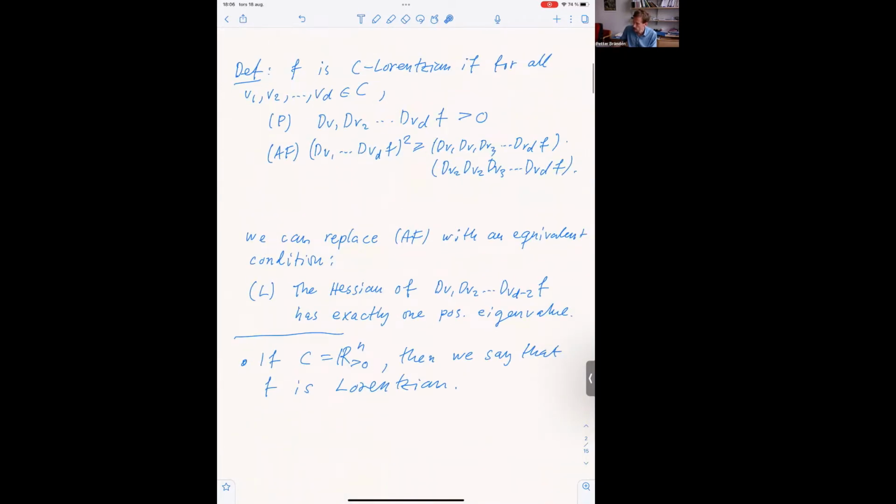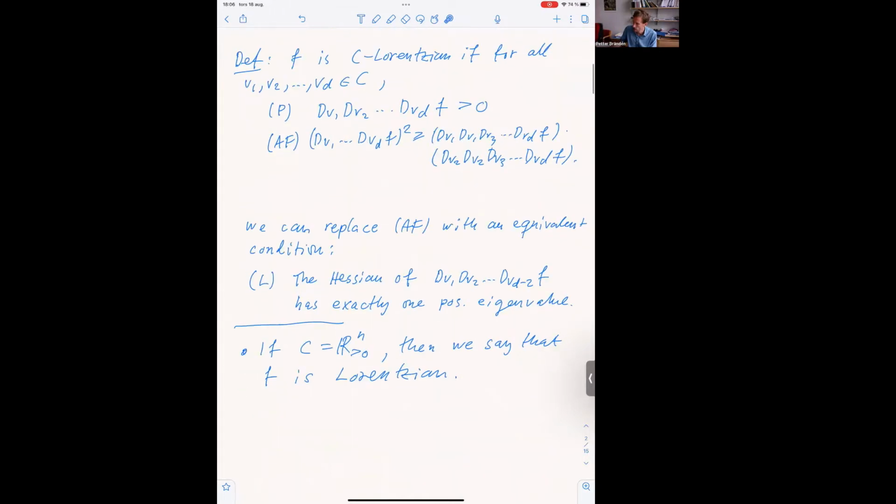So let us also recap what we meant by a C-Lorentzian polynomial. This was two conditions: a positivity condition, saying that when we take mixed derivatives in the cone, then we have positive coefficients, and the Alexandrov-Fenchel inequality, which we can use to prove log-concavity and ultra-log-concavity.